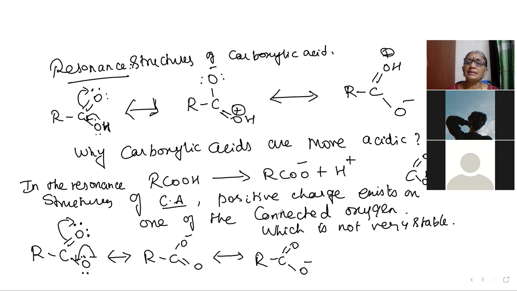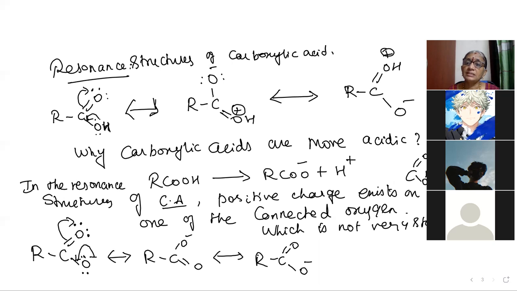When you compare the relative stability of the carboxylic acid with that of the anion formed after the loss of H plus, which do you find to be more stable? Yes, the anion formed after the loss of H plus is more stable.